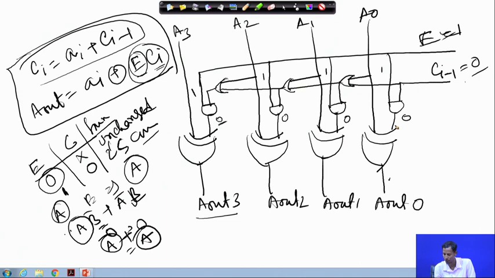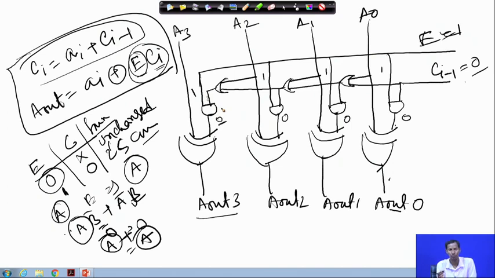So, this will come to 0, okay. So, this is A 0 and then from here if you just see that each of this, that means the carry generated from this particular position is being forwarded and it is ANDed.